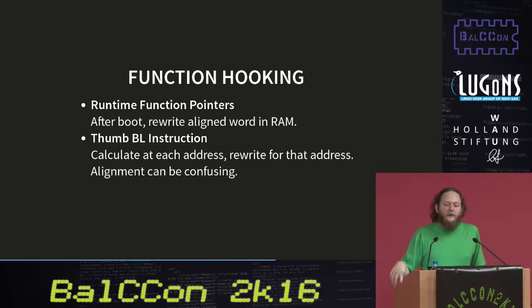Now, for runtime function pointers like the USB stack, there is a 4-byte address in RAM, and you just need to change those 4 bytes to point to your function instead of the original. And what you'll usually do is you'll have an if statement to see if you should manage that function, and if not, you run it over to the manufacturer's version.